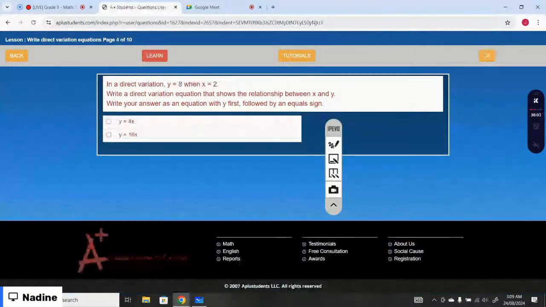Okay, in a direct variation, y equals 8 when x equals 2. So write a direct variation equation that shows the relationship between x and y. Write your answer as an equation with y first followed by an equal sign. So which is the correct option?